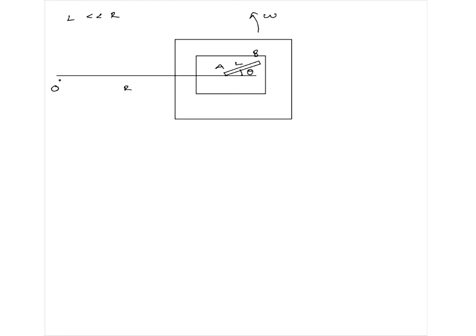That means from O to A if you consider, or from O to B if you consider, we don't have to worry about small distances in comparison to the big distance R.